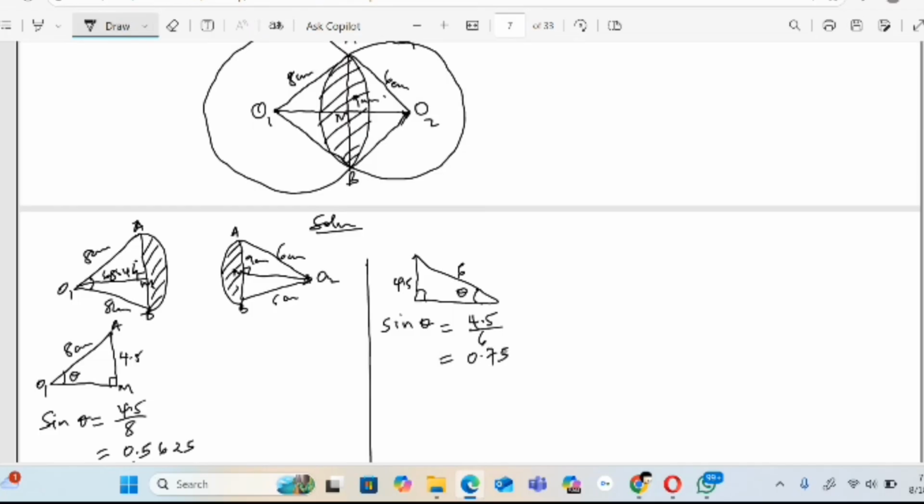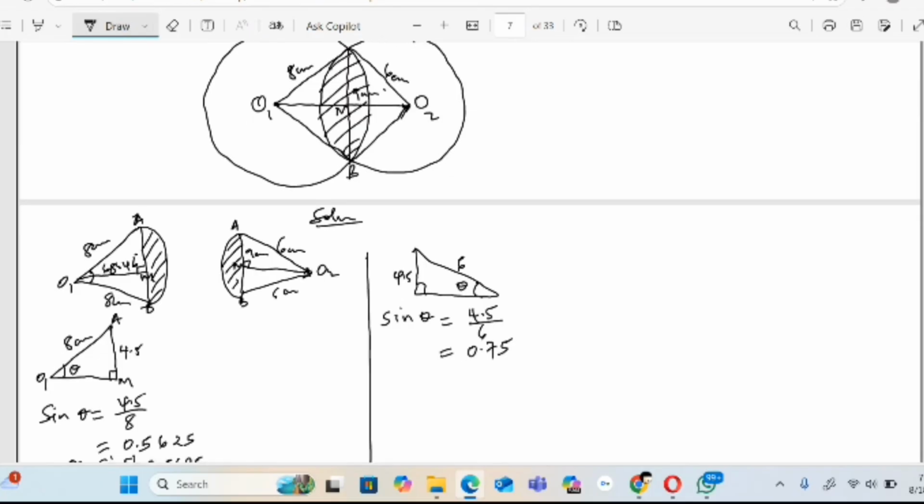Then for you to get theta, now theta becomes the sine inverse of 0.75, which gives us 48.59. Now we multiply by 2 to get the size of the whole angle.